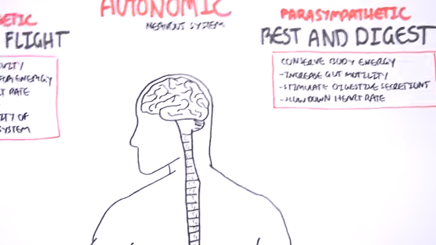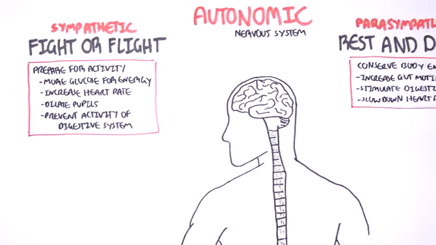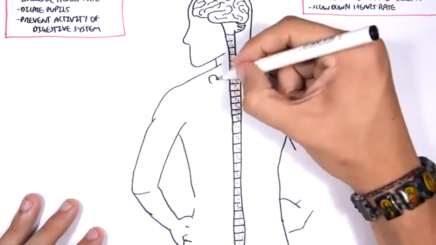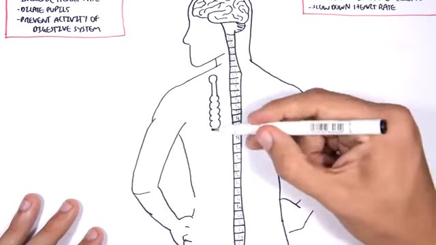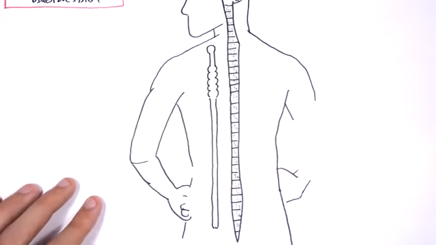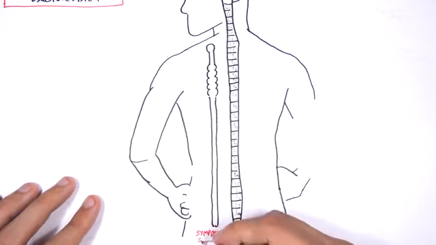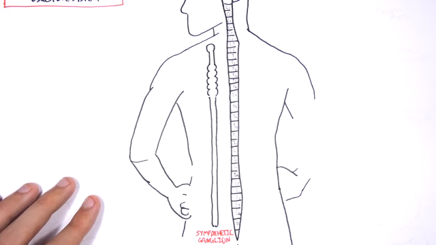Now let us look at what organs the sympathetic nerves mainly target, just an overview, and what they do. But first I must introduce the ganglions here. The ganglion is where nerve cells synapse with one another.